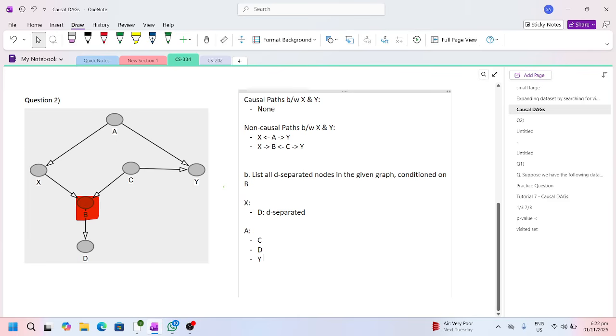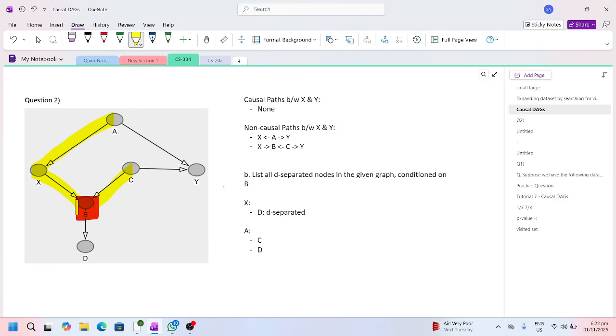Okay, so now let's look at A against C, D and Y. A has a direct path with Y over here, and let's check A and C. This is a path where C is a collider, so this path is blocked. The other is only this path where B was a collider.